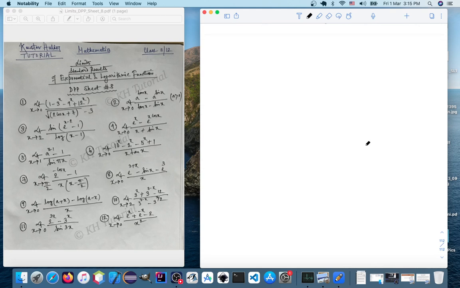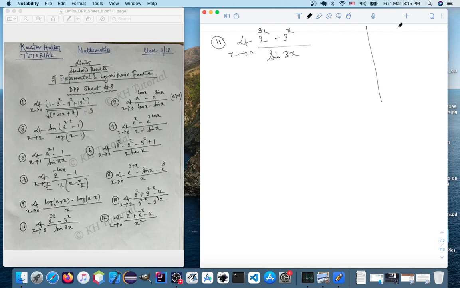Let's do problem number 11. Okay, so problem number 11 says limit x tending to 0, 8 to the power x minus 3 to the power x divided by sine 3x. This was an example I was discussing earlier.